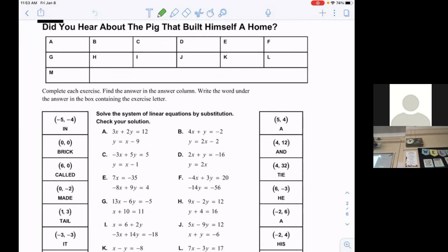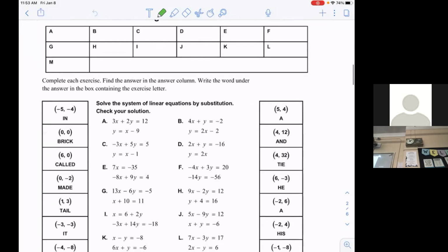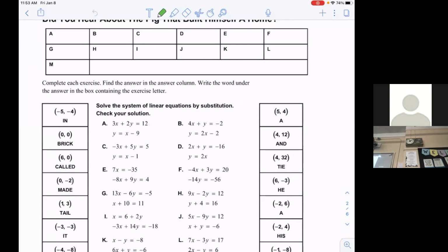Yeah, you can if you want. I mean, by the time we get through it all, you're going to need a piece of paper at some point, but that's fine. So I'm going to do letter A with you. Where am I going to do letter A at? I don't know.